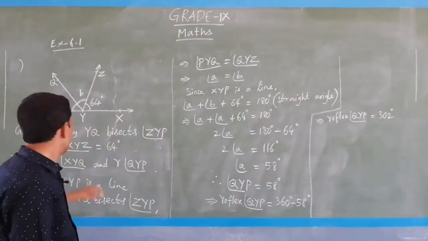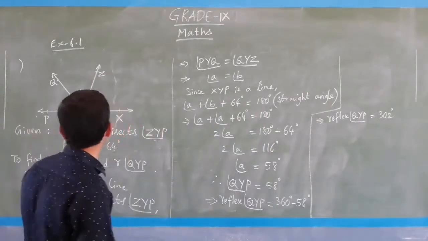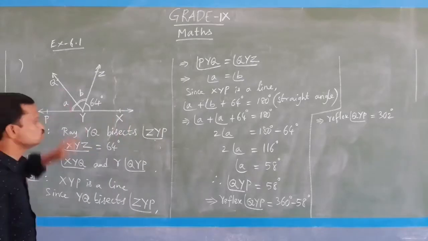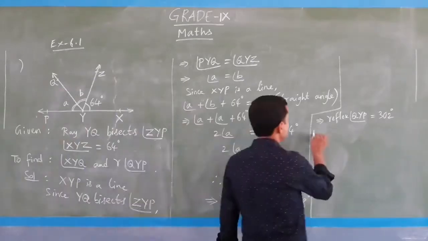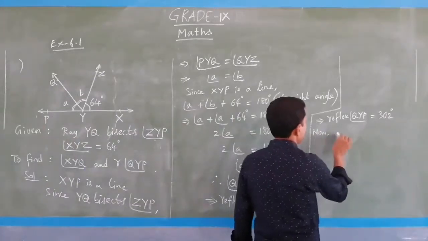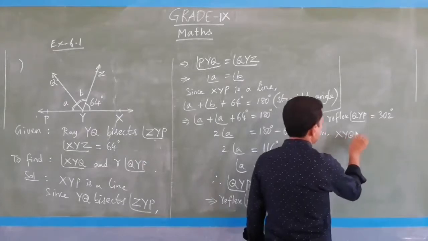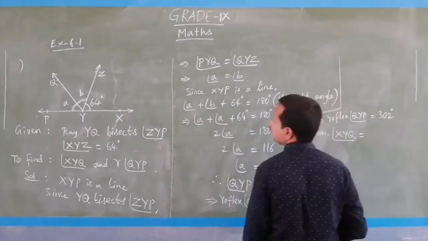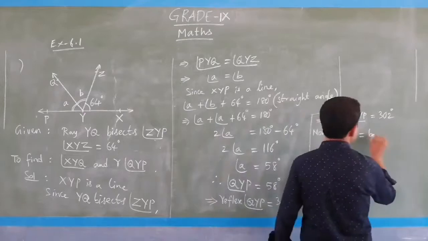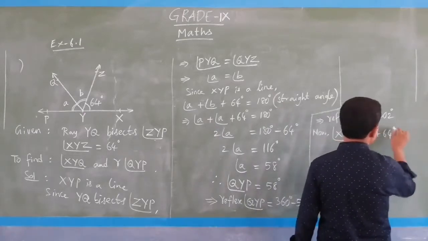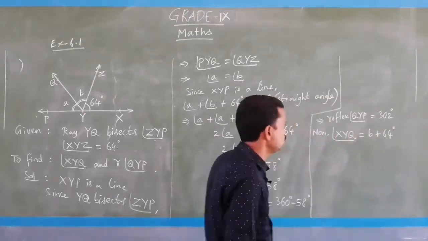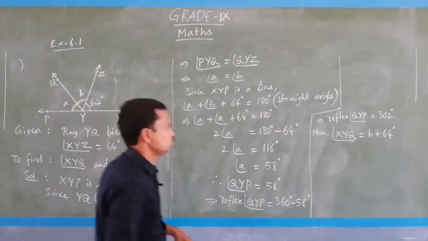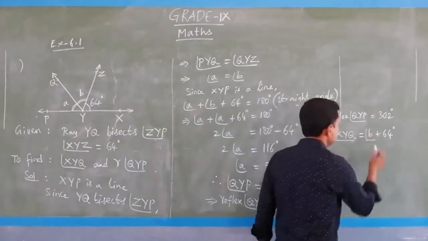And another thing, XYQ. From the figure we can have XYQ equal to angle B plus 64 degree, because angle B and this angle 64 together form XYQ. What is angle B?